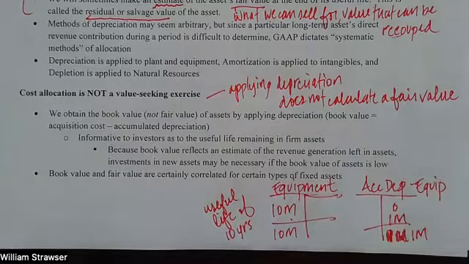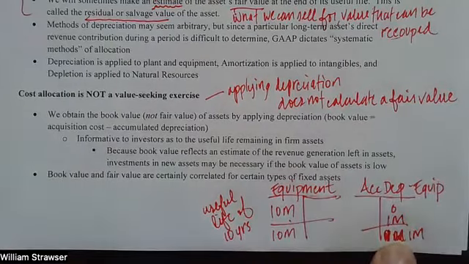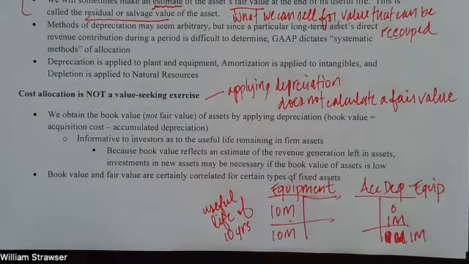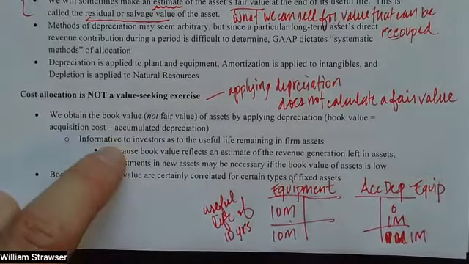But the book value is not telling me I could turn around and sell this equipment for 9 million. It's just giving me the book value. It's historical cost minus the total accumulated depreciation at that balance sheet date. So it does tell me some indication of the useful life remaining in the firm's assets.